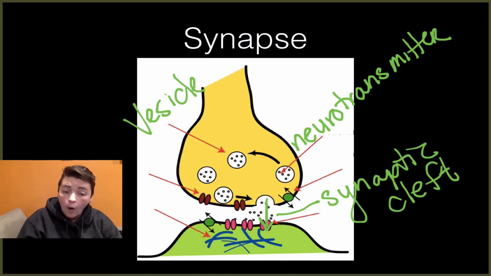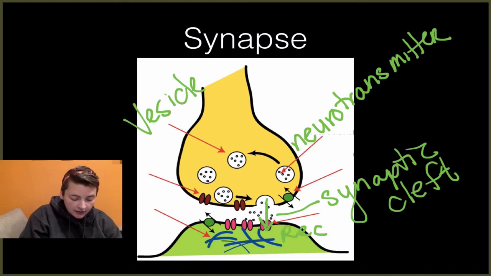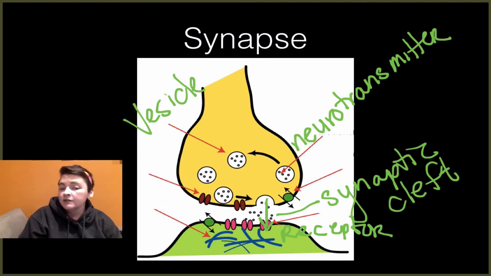So the actual hole between the nerve and the next thing is called the synaptic cleft, and it's going to reach that receptor on the other side. Once it reaches that receptor, it's going to determine what's going to happen on the other side. That neurotransmitter is then either broken down or it's sent back to the original nerve.